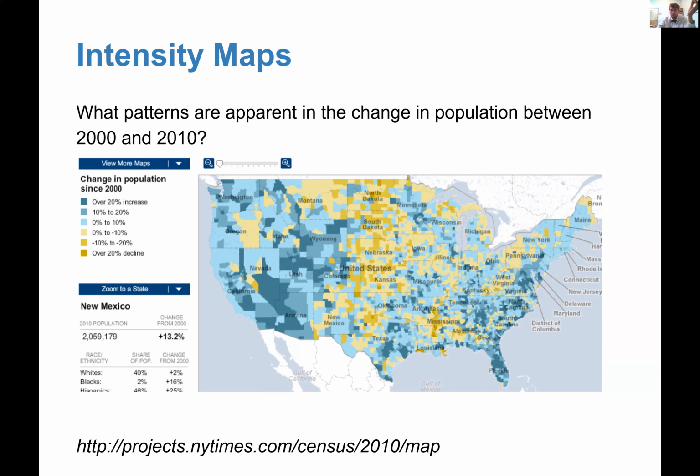And light blue and especially dark blue means that the populations are going up. So you can see, for instance, our area of Indiana, we're in northern Indiana, so we're in light blue, but south of us, there's an area where populations are going down.